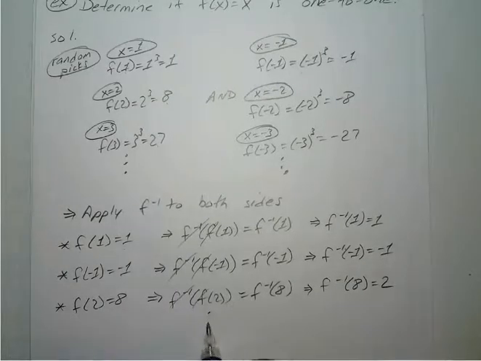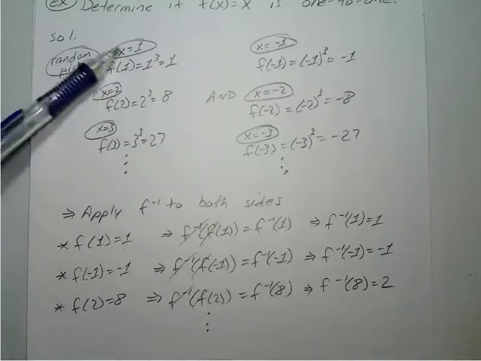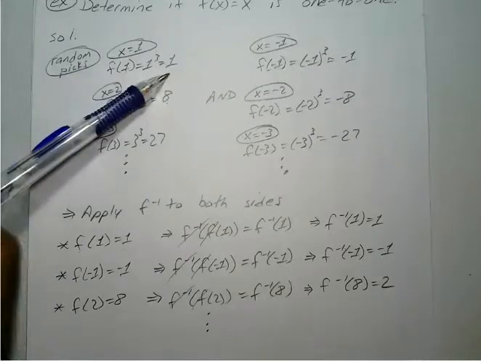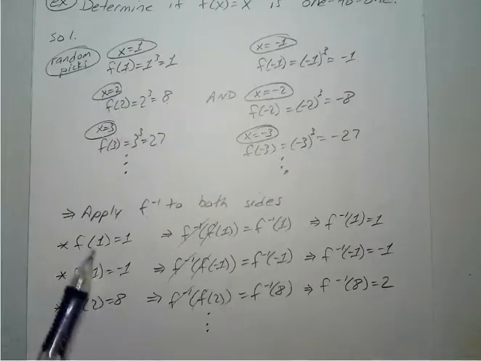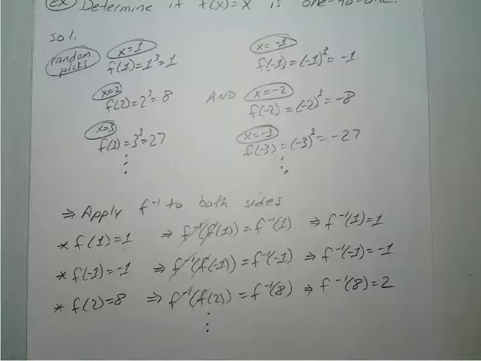And we can keep on going if we wanted to. But one thing we want to notice is that every x has one y, and every y has one x. So the inverse exists for each value of x. Okay, there's only one value. F inverse of 8 doesn't have a different x value here.